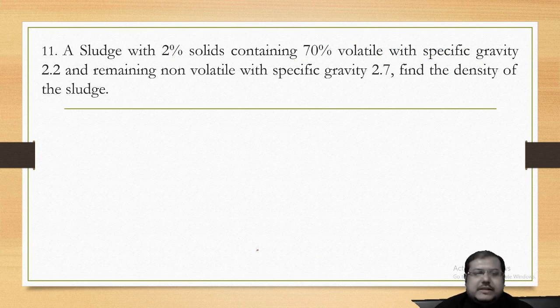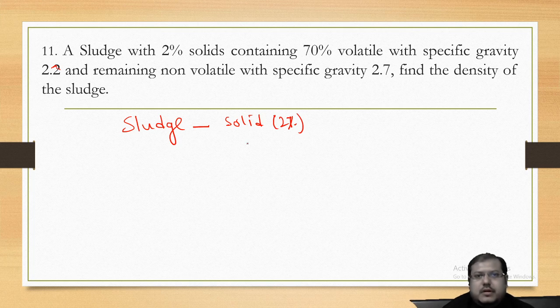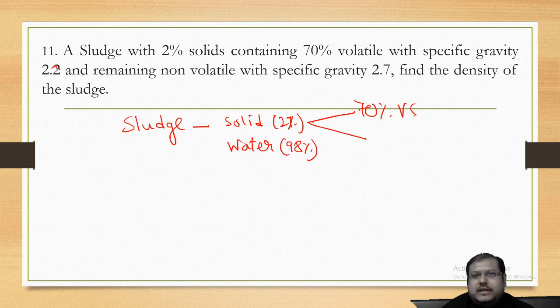So here, a sludge is 2% solids containing 70% volatile. So sludge solid is 2%, and water will be how much? 98%. Of the 2%, 70% is volatile solid, which is 1.4% volatile solid. So 0.6% is non-volatile solid.